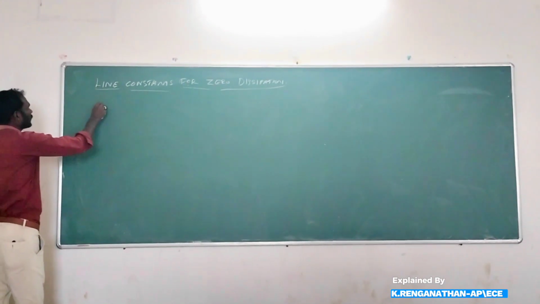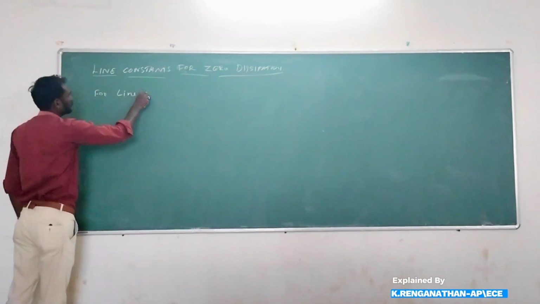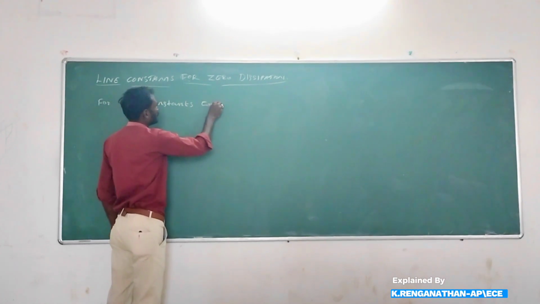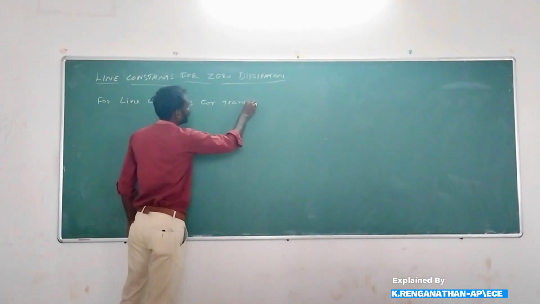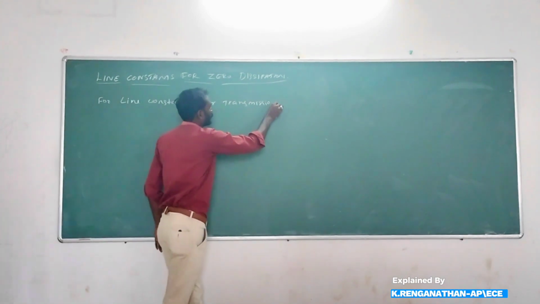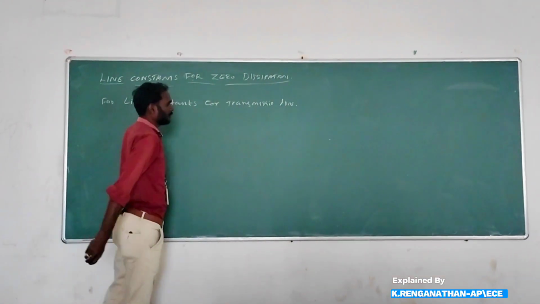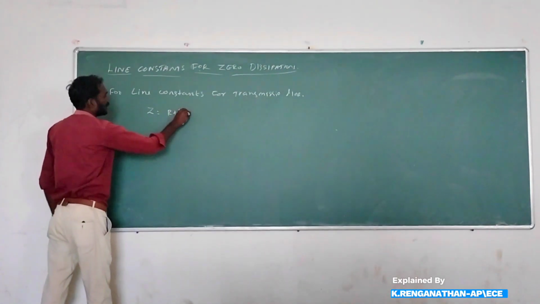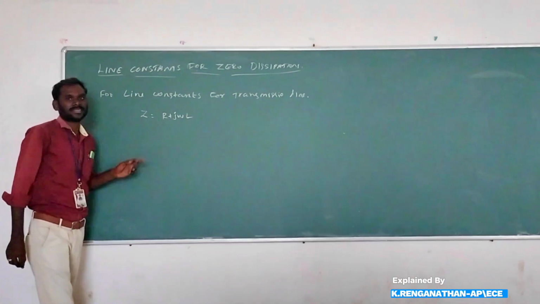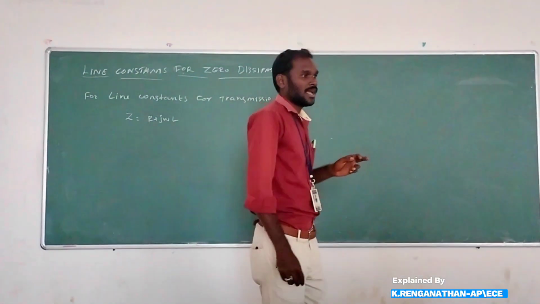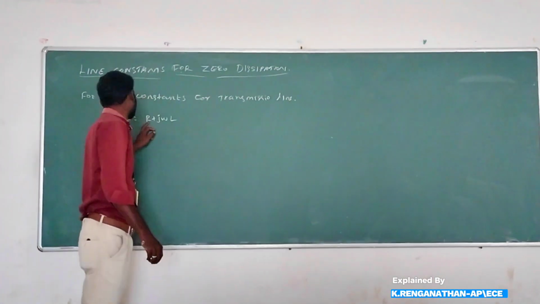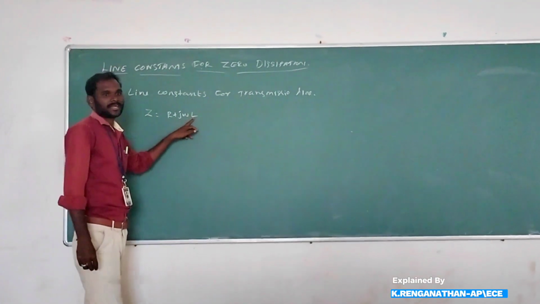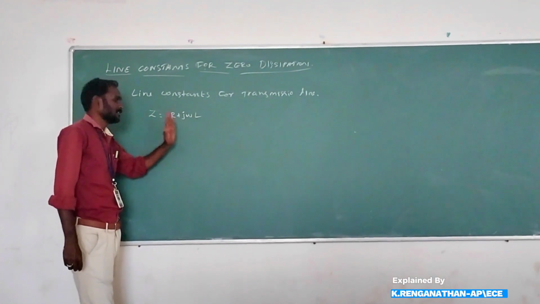Line constants for the transmission line. Z is equal to R plus j omega L. We know that Z is the series impedance of the transmission line, where R is the resistance per unit length and L is the inductance per unit length of the transmission line.